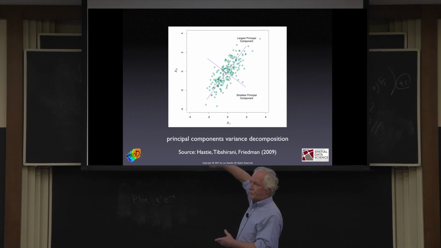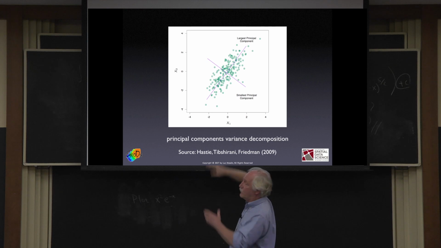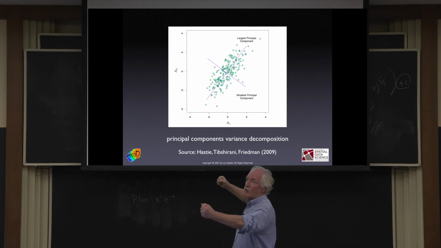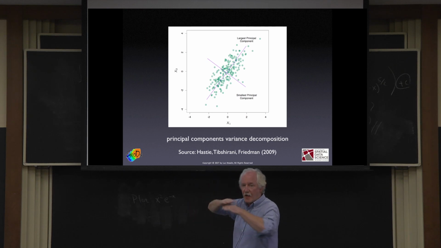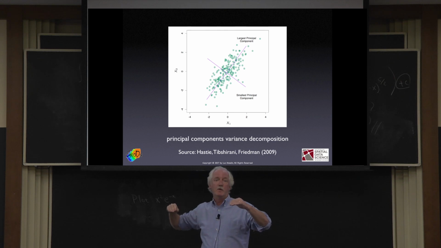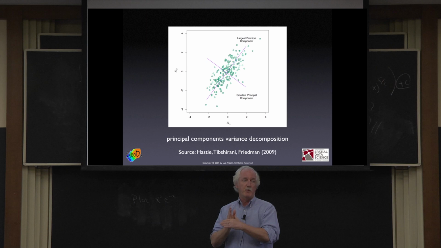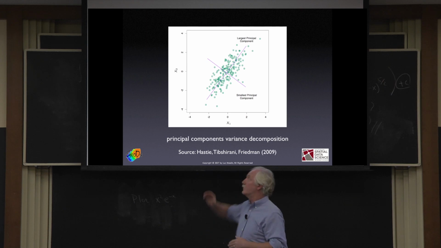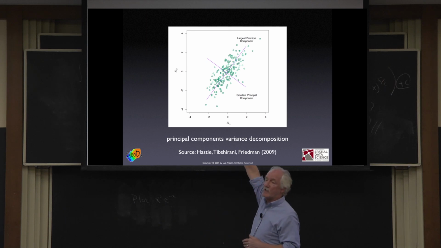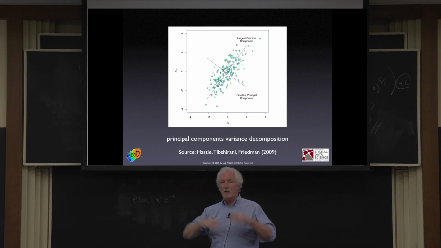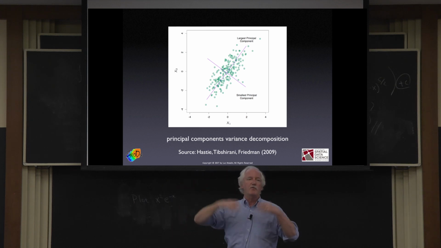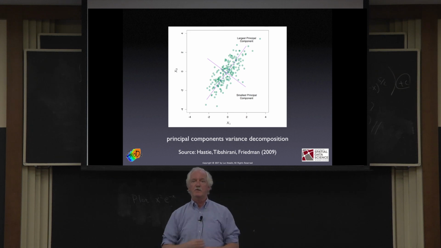So think of this cloud point and you could rotate it in your mind so that you get the biggest extension in one particular direction. That's the first principal component. And then the second one is orthogonal to that by design, so perpendicular. So there's much less variability in the second dimension. So just think of this extending to 3, 4, 5, 20 dimensions, it is the same principle.